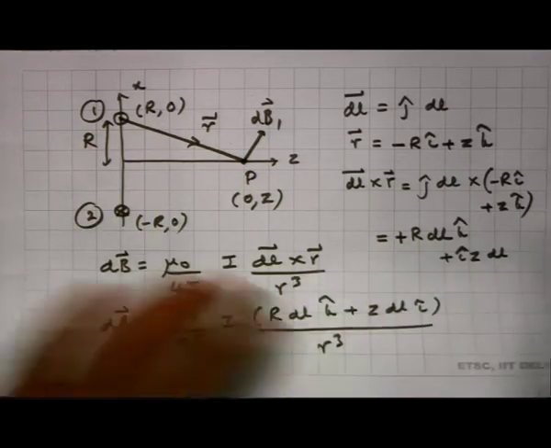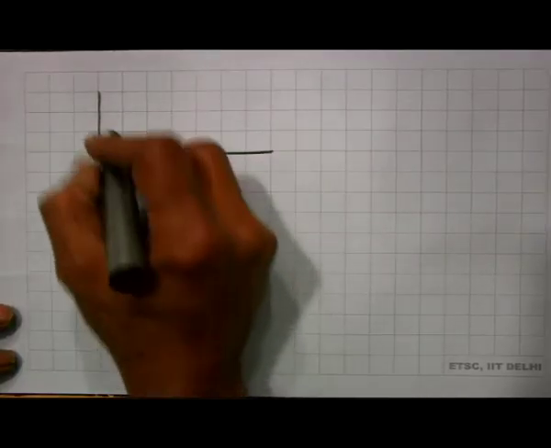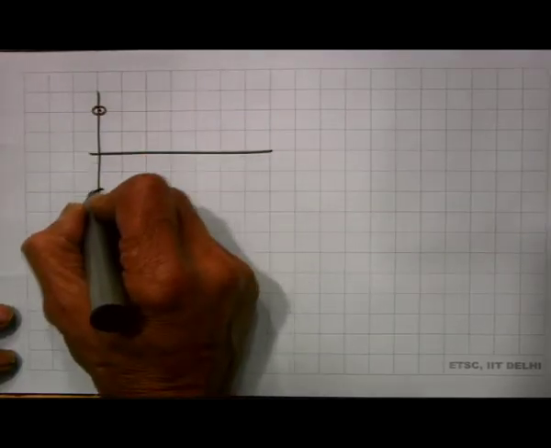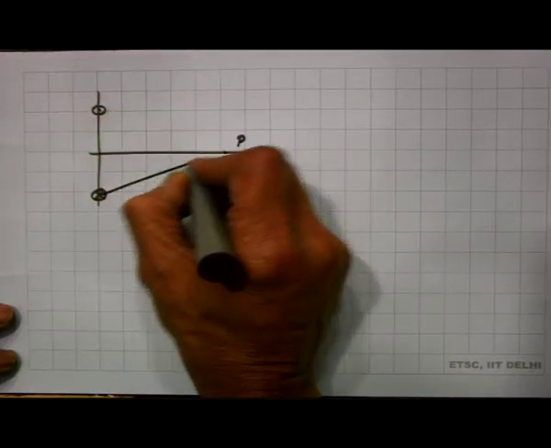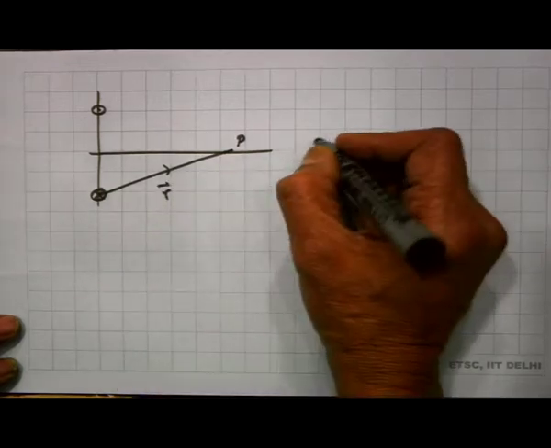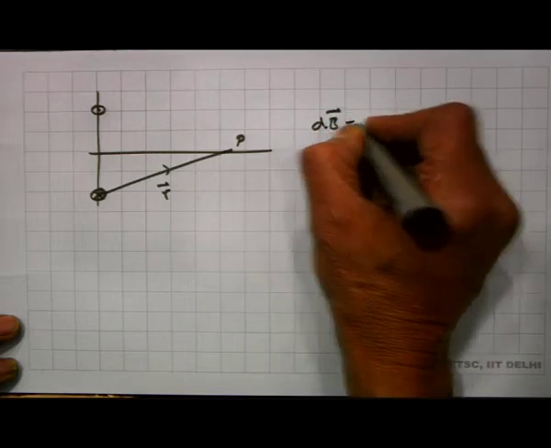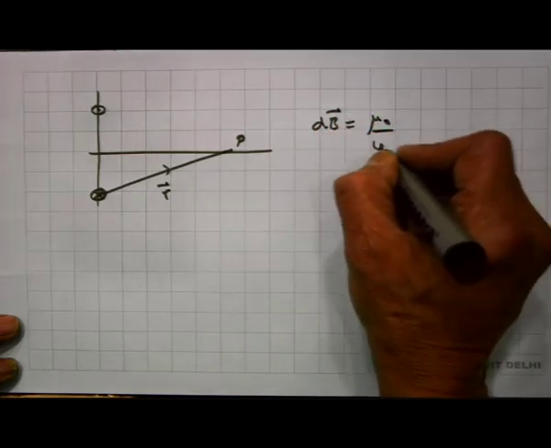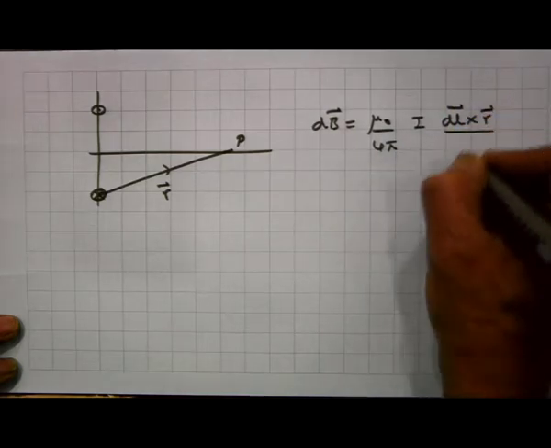Now, let me calculate because of the second element. Let me draw the figure again here. I have this element here, and this is the point P. Now I have to draw this r vector, and again I must use this equation: dB vector is equal to mu naught by 4 pi I dl cross r by r cube.